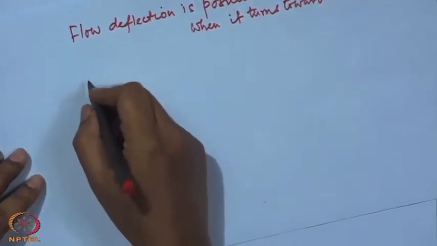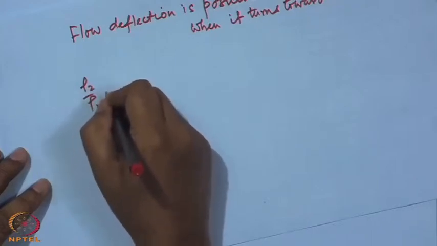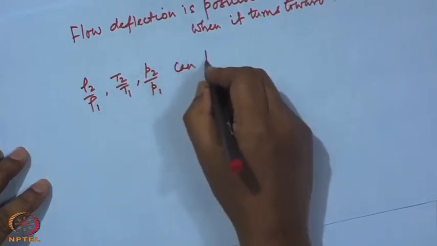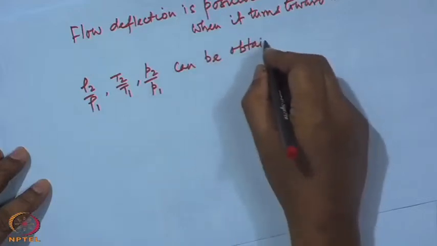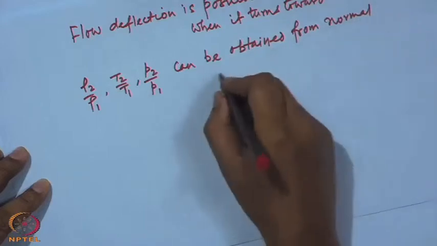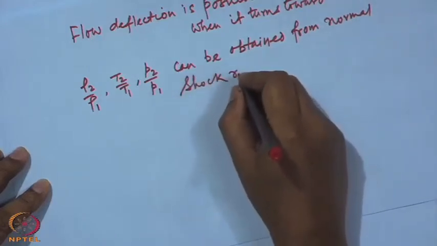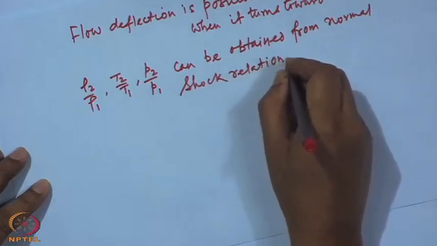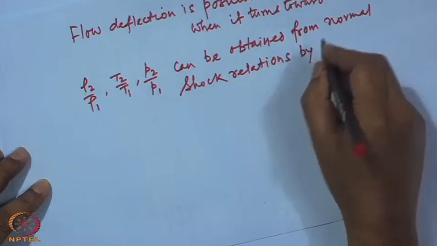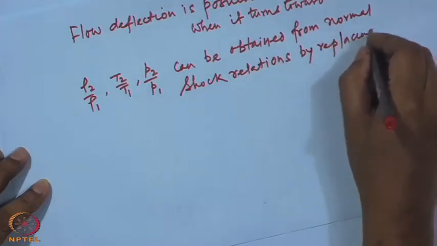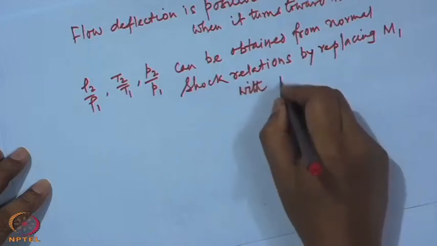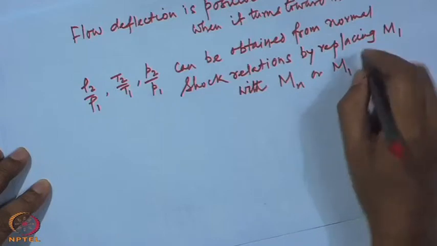Consequently, rho 2 by rho 1, T 2 by T 1, P 2 by P 1 can be obtained from normal shock relation by replacing M1 with Mn or M1 sin beta.